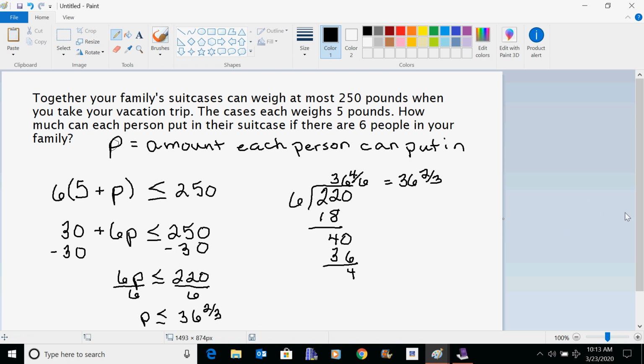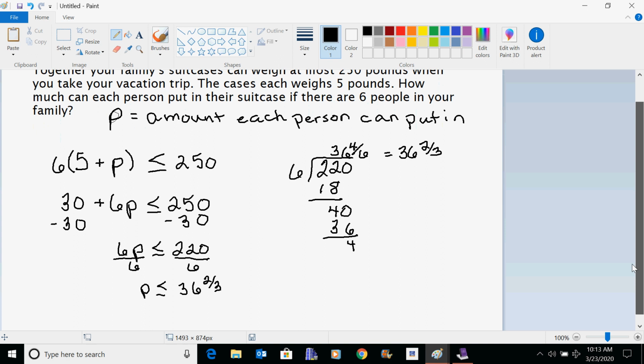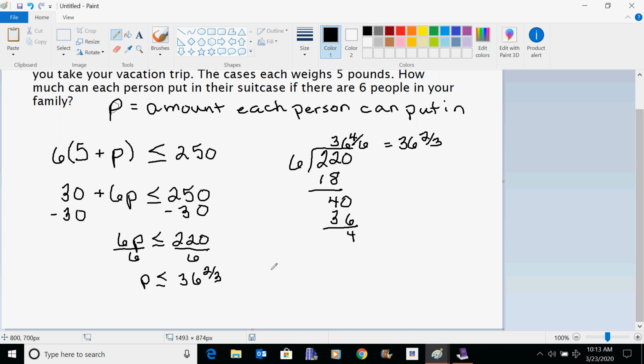So what we need to do to be able to put this into a good answer for this is that each person can bring at most 36 and 2/3 pounds.